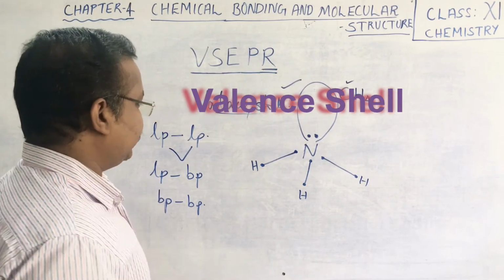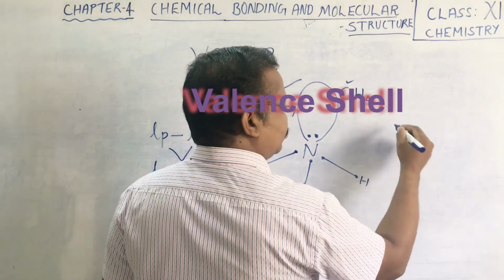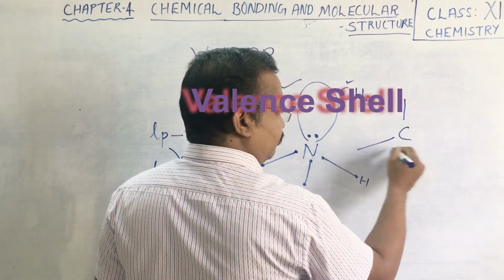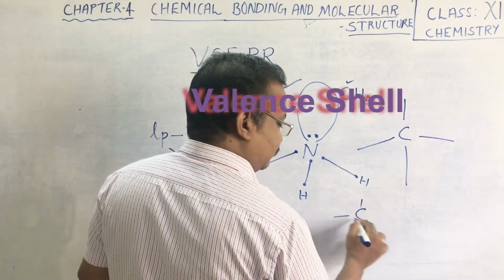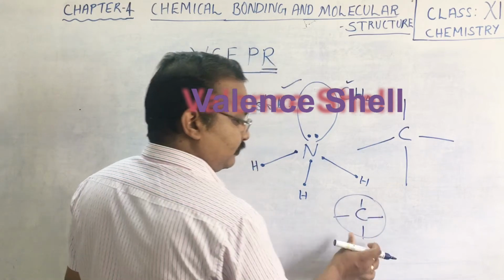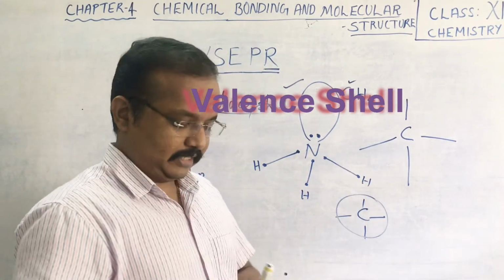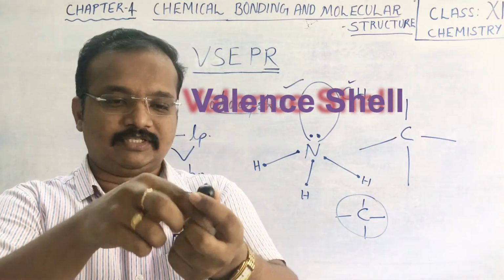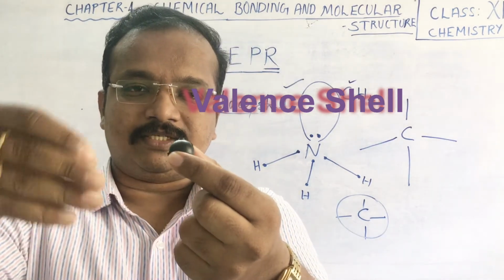Now if you take the CH4 molecule, you cannot write it exactly this way because this is a 2D figure. Children, if you look at this carbon atom, let's take this as the carbon atom. We have to place the hydrogens at maximum distances.